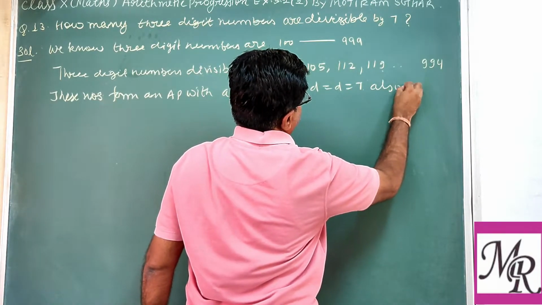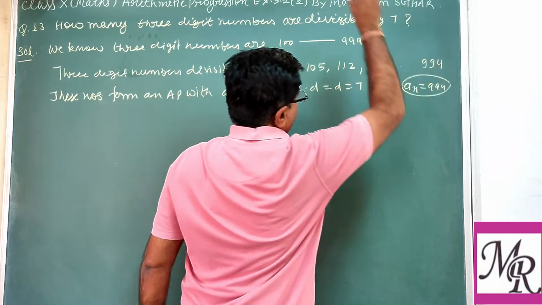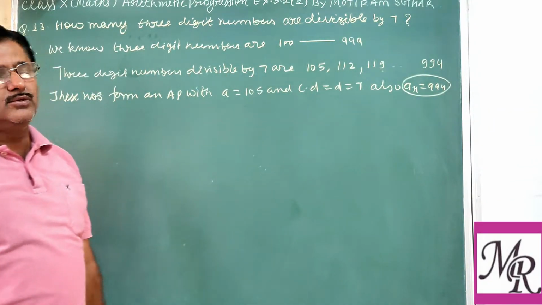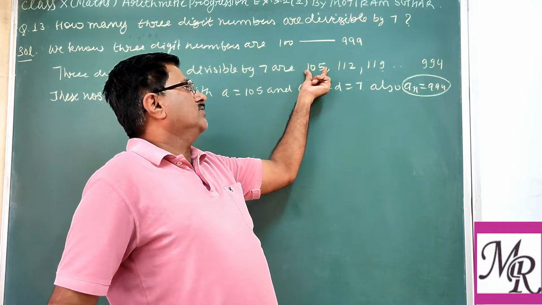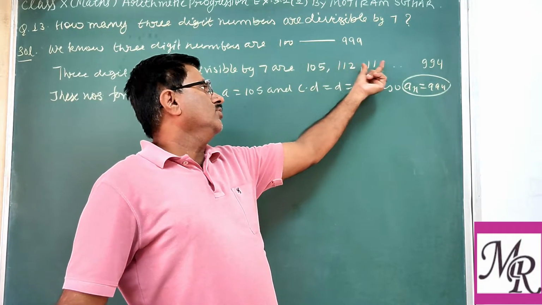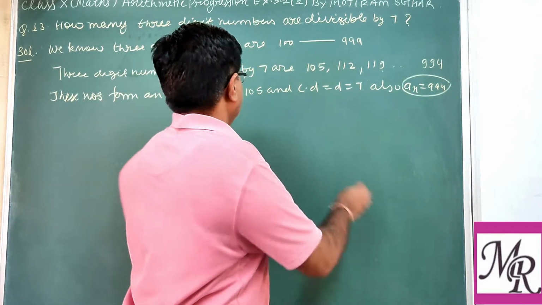Also here the last term is an equal to 994. an is the last term. This is first term a1, a2, a3 and an. So n you have to find.